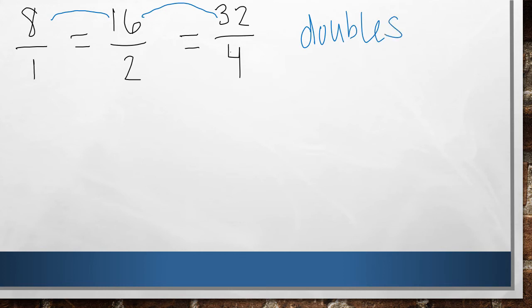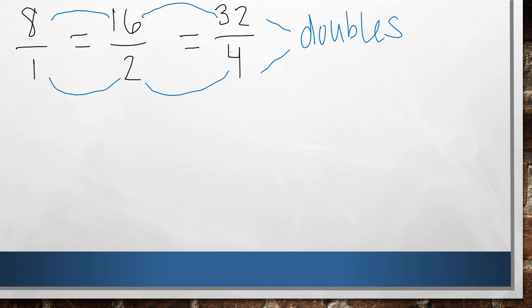And finding patterns, we keep looking. If we look at our denominator, what is happening with our denominator? From 1 to 2, from 2 to 4. Both our numerators and our denominators are doubling. The amount of our avocado never changed. We just called it a different name.